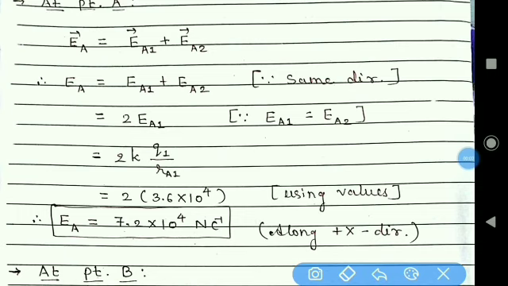So the magnitude of electric field at point A is the summation of these two electric fields due to both the charges.